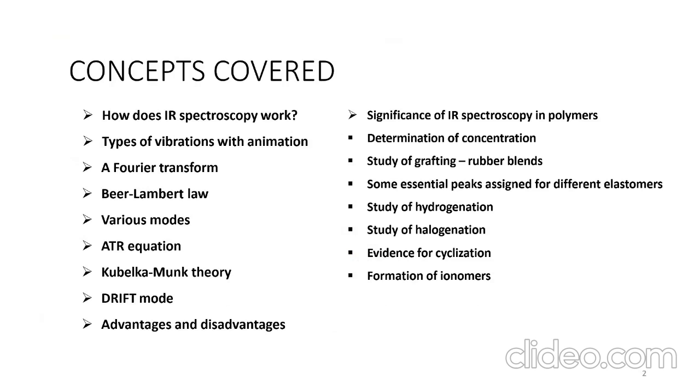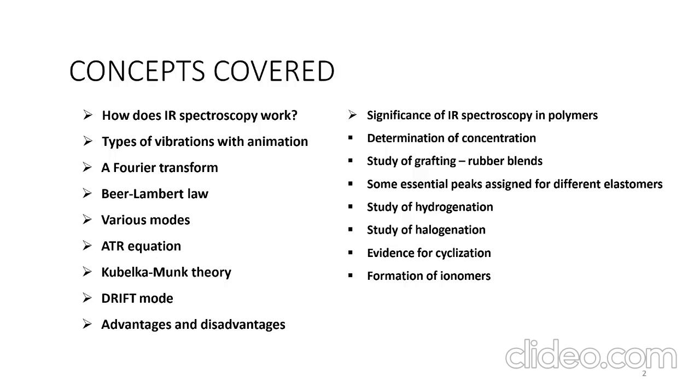In the last week, you have covered the topics related to IR spectroscopy, its working, and the types of vibrations using the help of animations and the Fourier transform. Why do we use Fourier transform in IR spectroscopy?